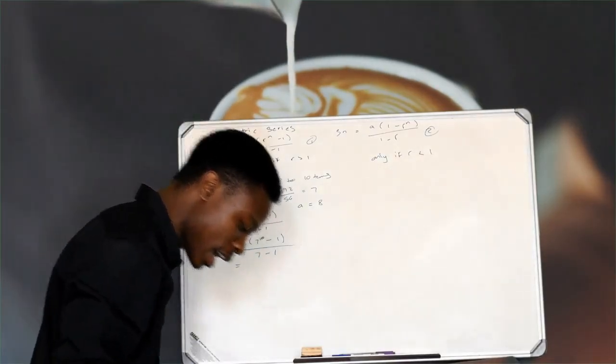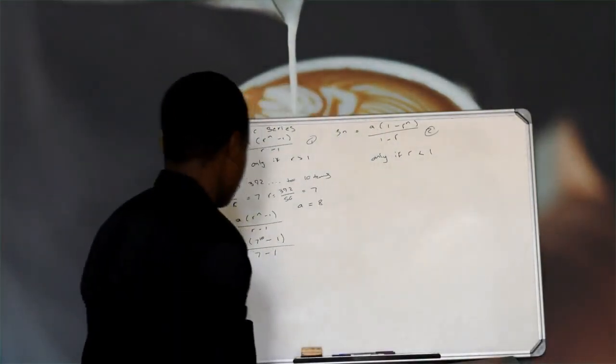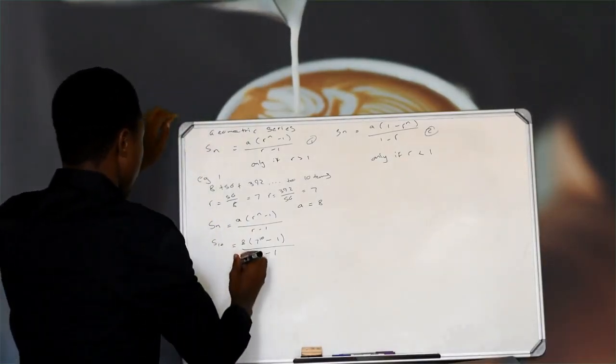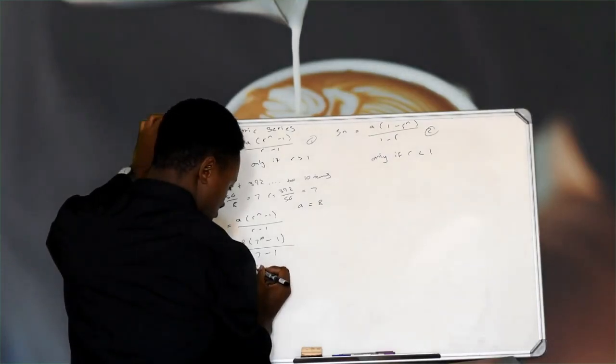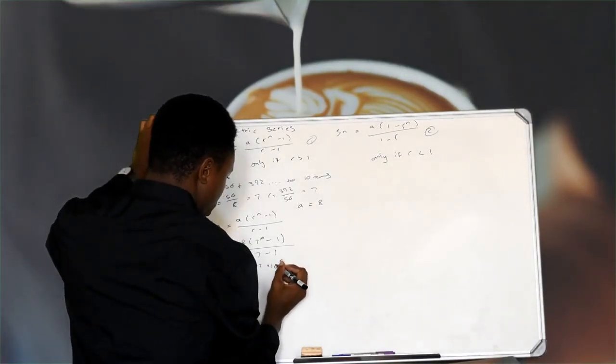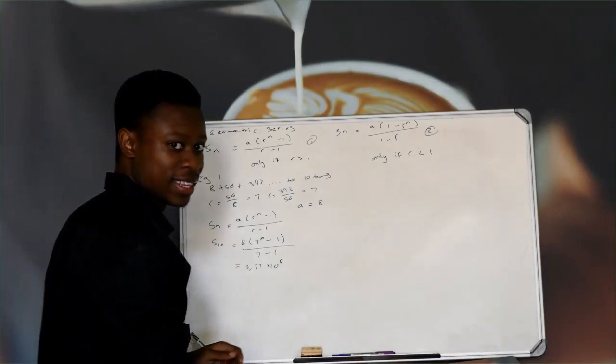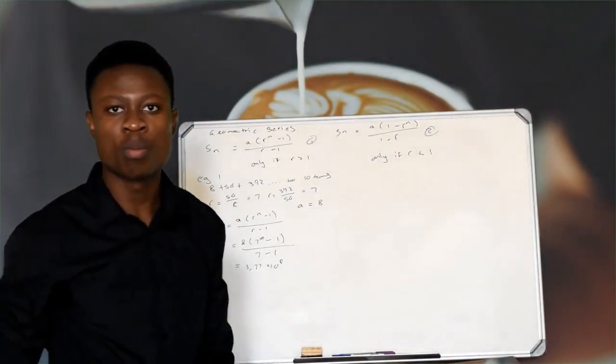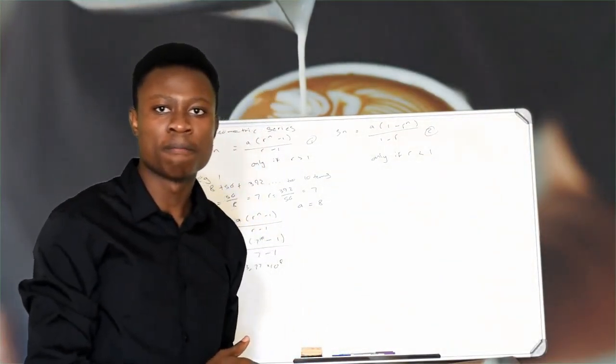The answer that I got from this was 3.77 times 10 to the power of 8, right? This is a very large number. Most of the time in your exercise examples, you probably won't get a number that big.